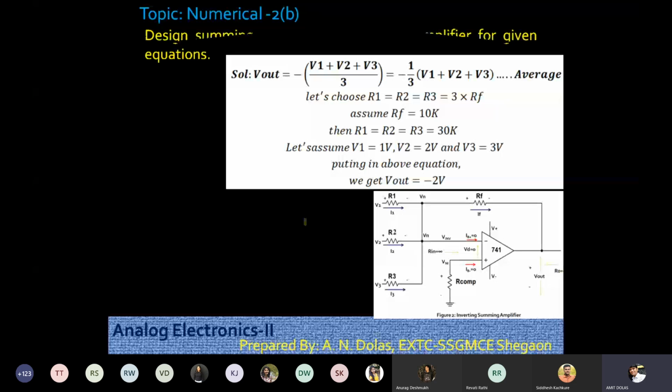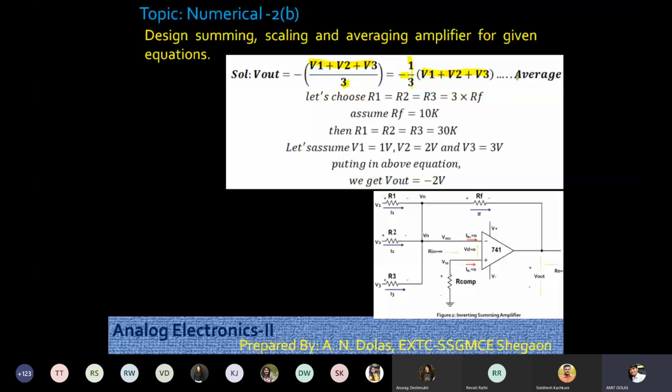Part B of this numerical is nothing but an averaging circuit, where I need the equation V out to be the average of V1, V2 and V3. So rewriting this equation, V1 plus V2 plus V3 by 3 is nothing but minus of 1 by 3 times V1 plus V2 plus V3, which is nothing but the average.